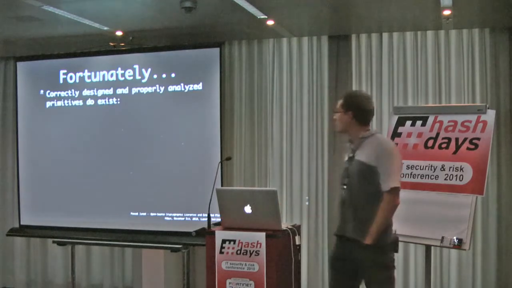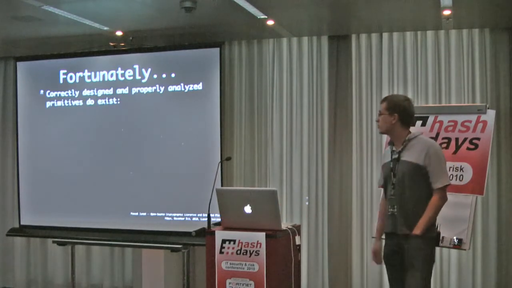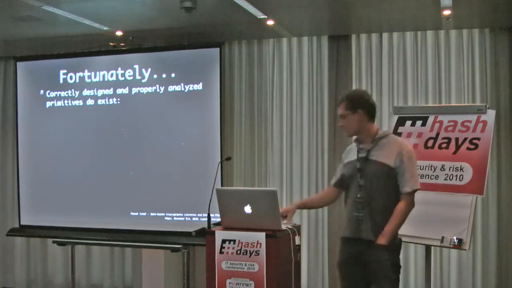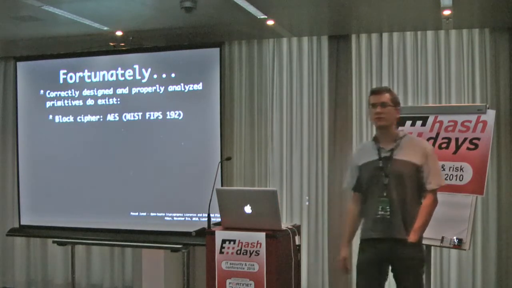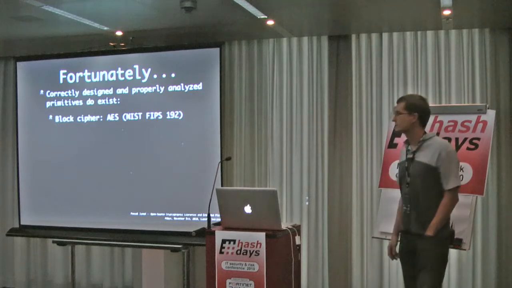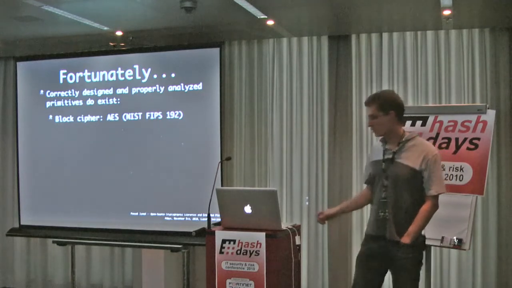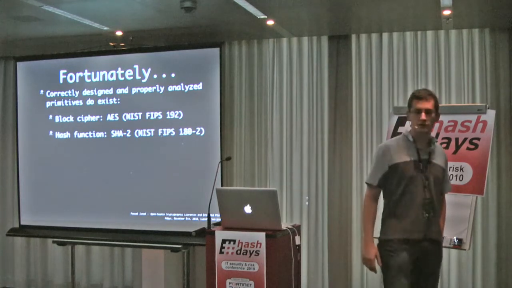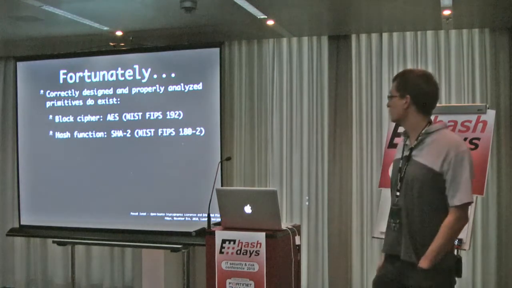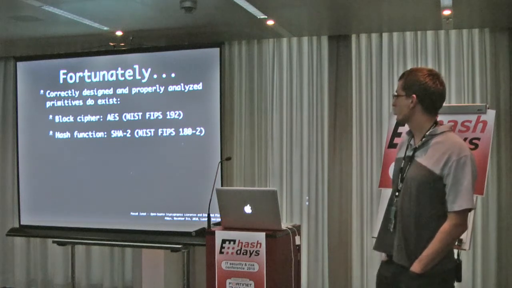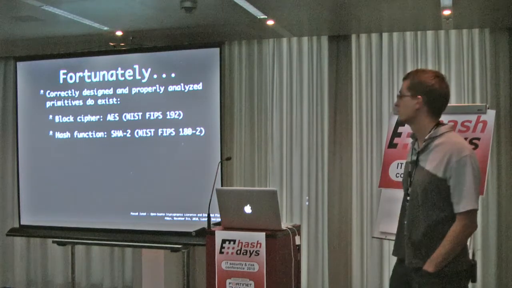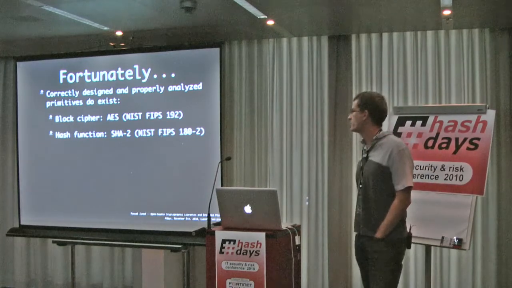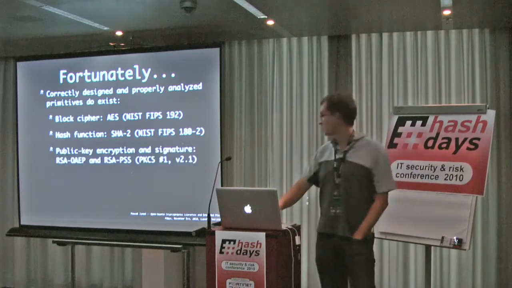Fortunately, correctly designed and properly analyzed primitives do exist. Let's take a few examples. If you have to choose a block cipher, then if you choose AES, you are most likely going to be on the safe side. If you have to choose a hash function, we know that the SHA-2 hash function family is resisting all the attempts at cryptanalysis, and there is a high likelihood that you will stay on the safe side as well.